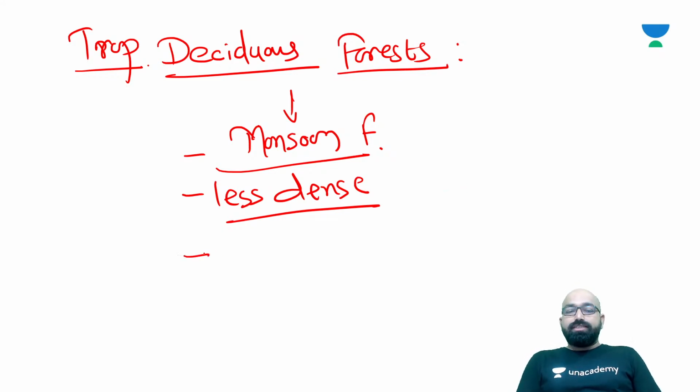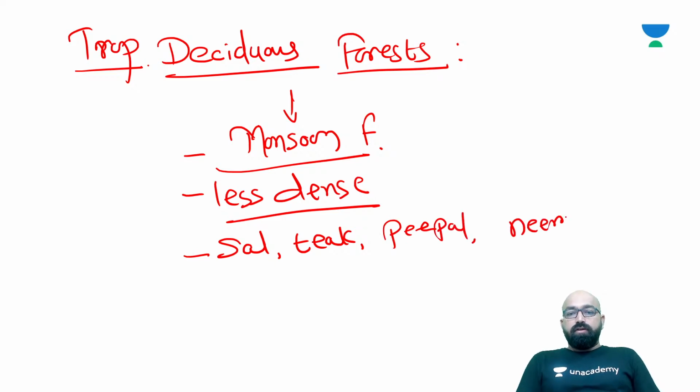So important trees of these forests are sal, teak, peepal, neem, then haldu.